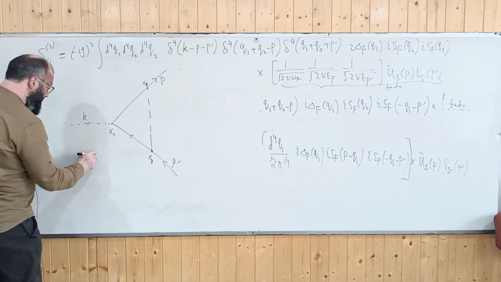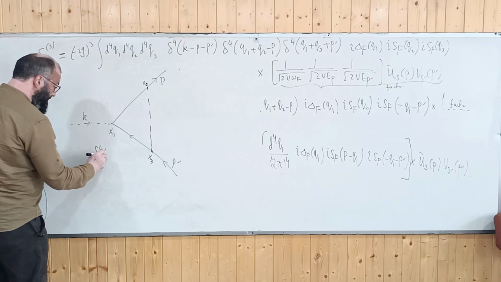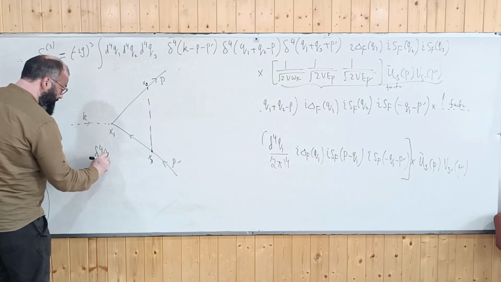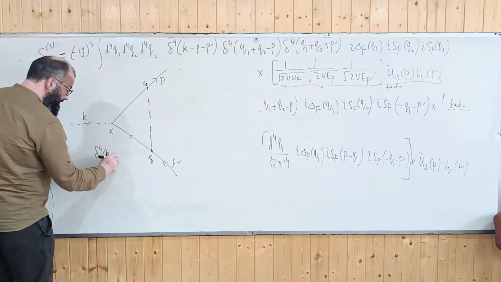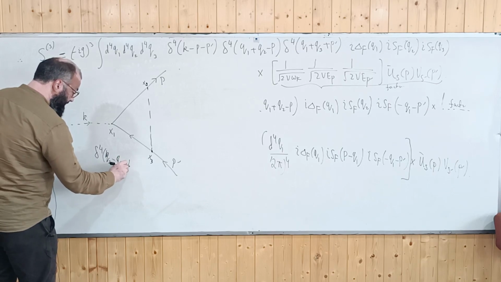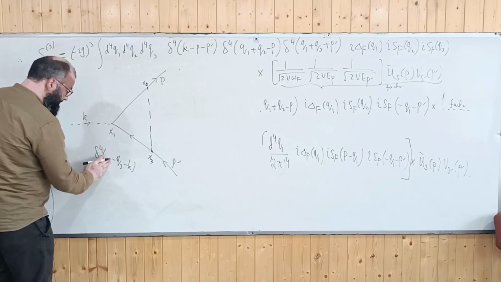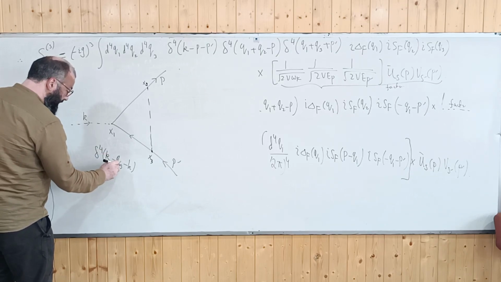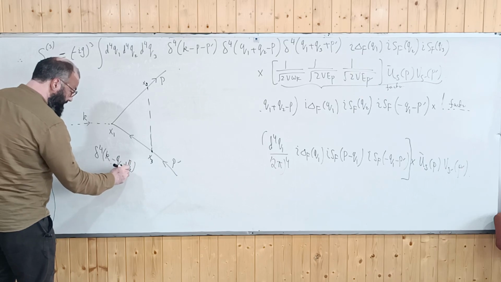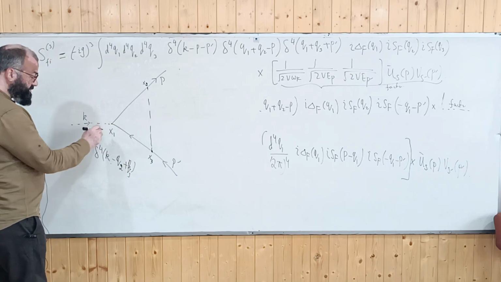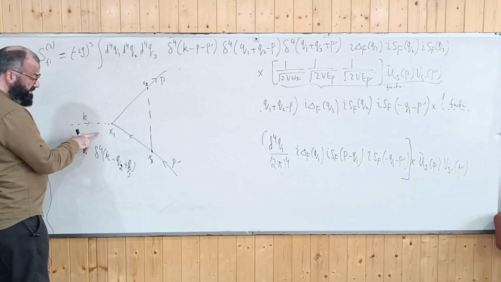Now what was the delta function here? Delta 4 of q2 minus q3 minus q, or k. Let me write it as k minus q2 plus q3. So it is the conservation here, with q coming from here.